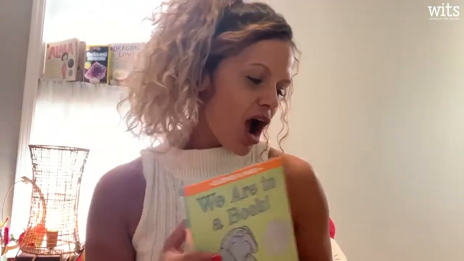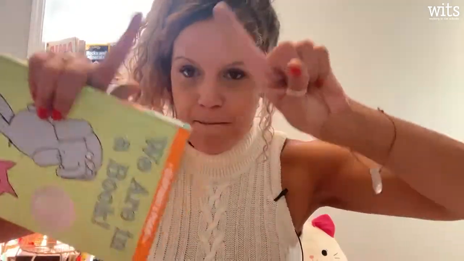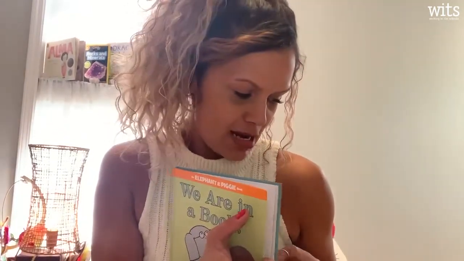And the characters capture you and you want to read more. Today, while we're reading, we're going to notice how speech bubbles, those round circles with little triangles, capture dialogue. Now, dialogue is just what the characters say.